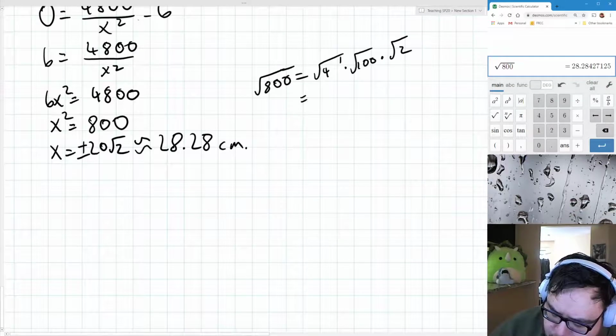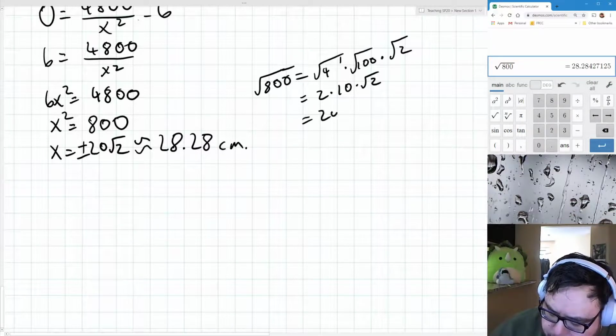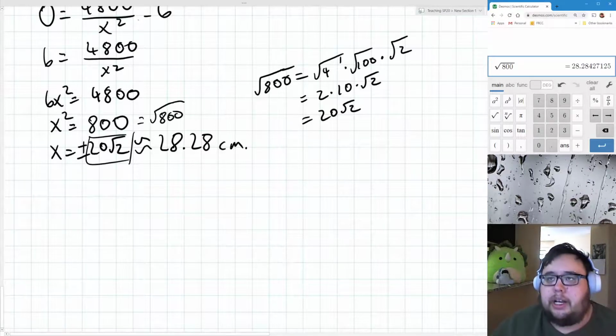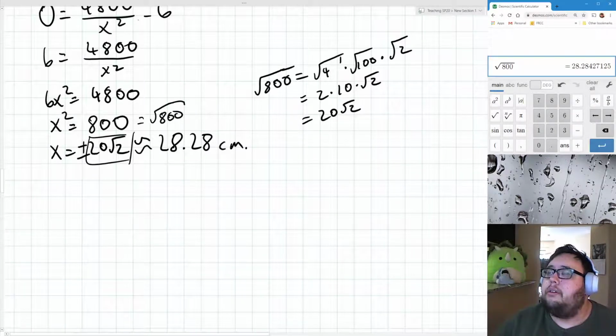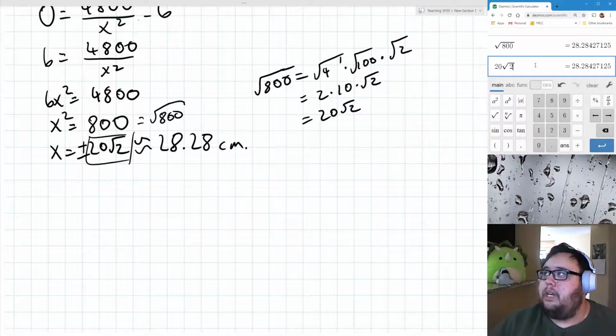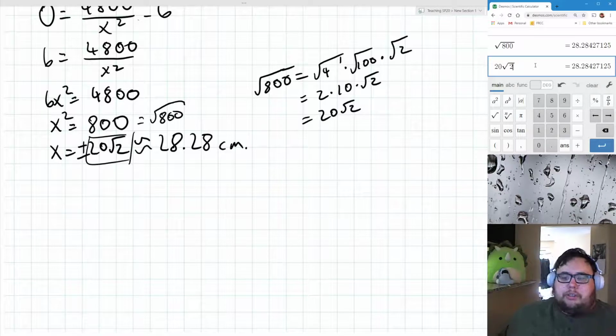And that's 2 times 10 times the square root of 2, which is 20 square root of 2. You don't actually have to have this part. You could have just done the square root of 800 and plugged that into your calculator. That's fine. Right, that's what I did in the calculator over here. 20 times the square root of 2 is the same thing. They're equivalent expressions.